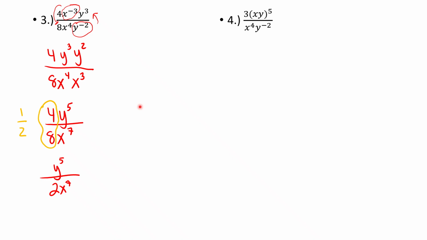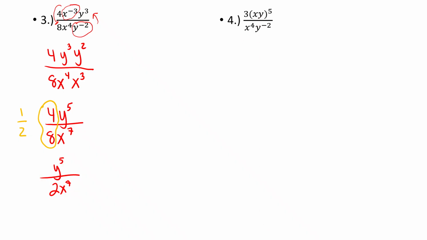Number 4, just kind of going for different things when I wrote these problems, I was trying to go for the idea that the x, y was raised to the 5th power, but the 3 wasn't. So in the numerator we've got stuff that's grouped and stuff that is not grouped, and you need to pay attention to what has the exponent attached to it.